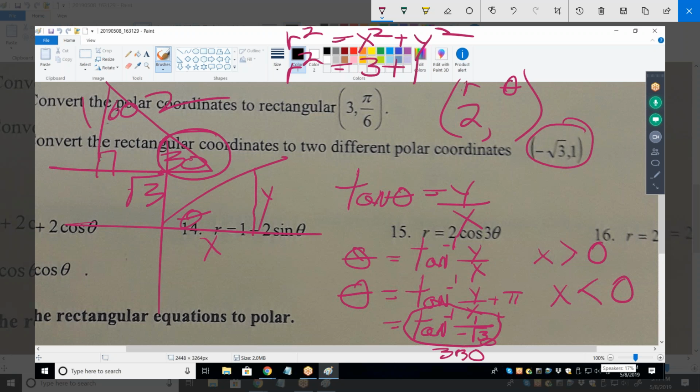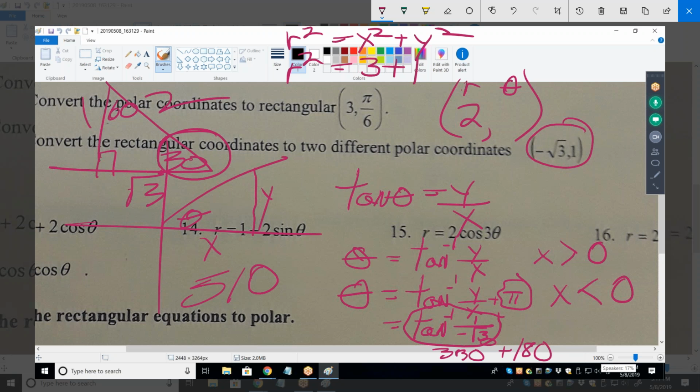Okay. But I have to add 180 to that because x is negative. And this is where it gets a little tricky. But trust me, this is the easiest way to figure it out. Okay? So, what does that total? That totals 510.